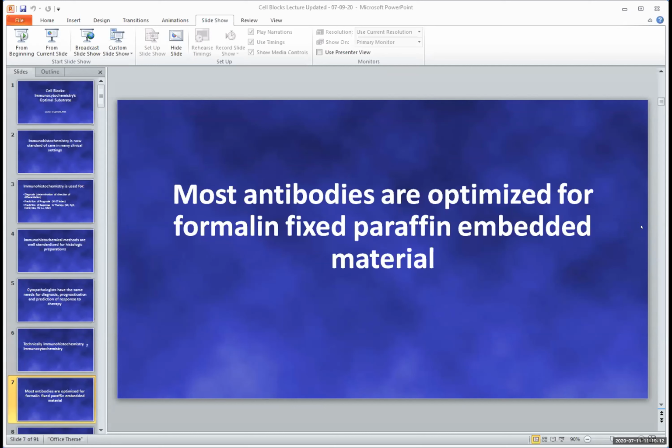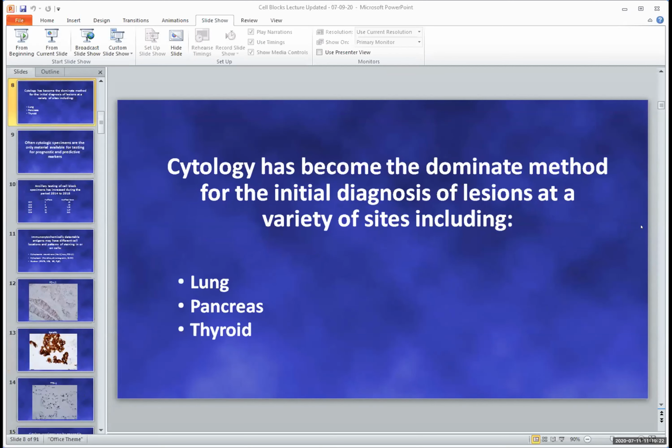And that actually is very helpful and pushes us strongly to the use of formalin-fixed cell block material. Now, as has become obvious in the past decade, cytology has become the predominant method for the additional diagnosis of lesions at a variety of body sites.